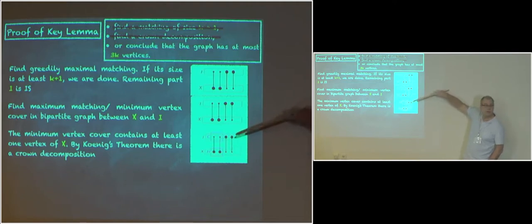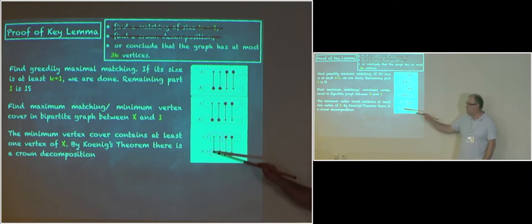The fat black vertices are the vertex cover? Yes, the thick black ones are the vertices of the vertex cover, right? So I say if at least one of the vertices of the vertex cover lives in X, then I can take these vertices which live in X as the head of my crown decomposition, which means that these vertices separate their neighbors, they do not have edges going down.